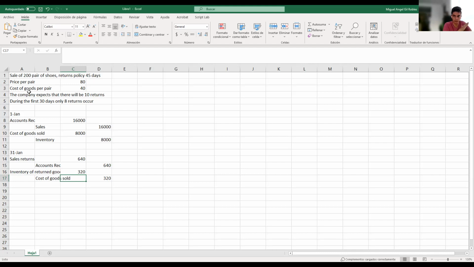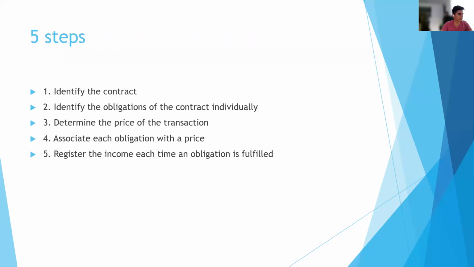If I go back to the PowerPoint presentation really quick, I can show you that in the 5 steps, you need to associate each obligation with a price and then register the income each time that the obligation is fulfilled. That's the last step, until the obligation is fulfilled, until you don't have any responsibility. That's the last step of transfer of control.